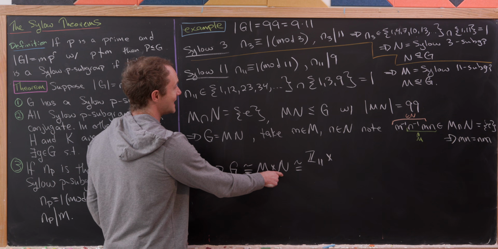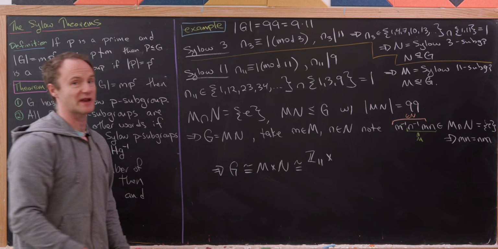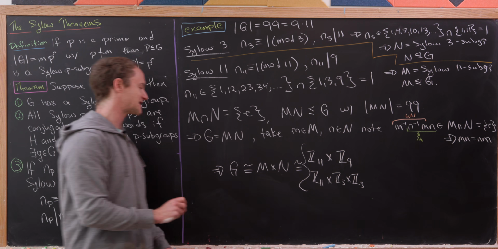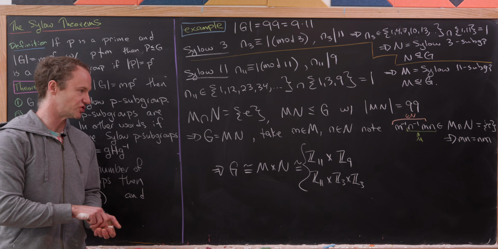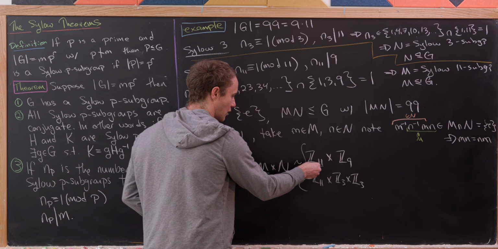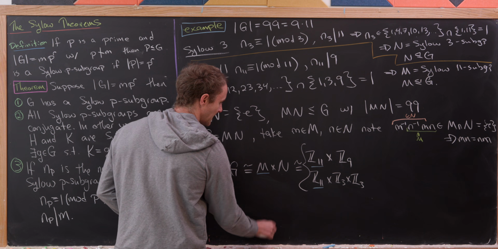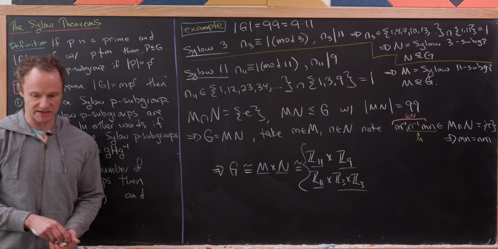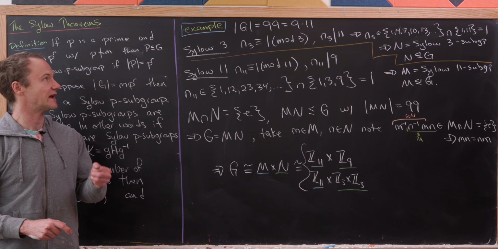Now, since N is a Sylow 3 subgroup, it has order 9, so there are two possibilities for N. Those are the possibilities for our group G. And just so we're clear here, M is always this Z11, and N will either be Z9 or Z3 cross Z3. Okay, nice.